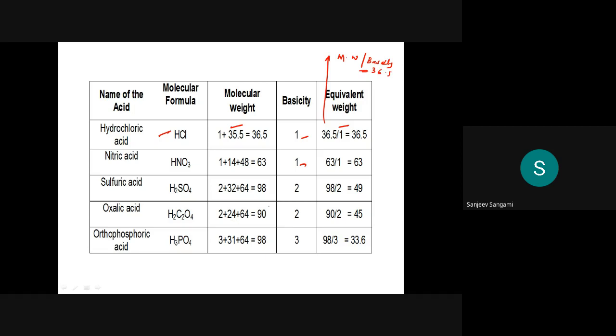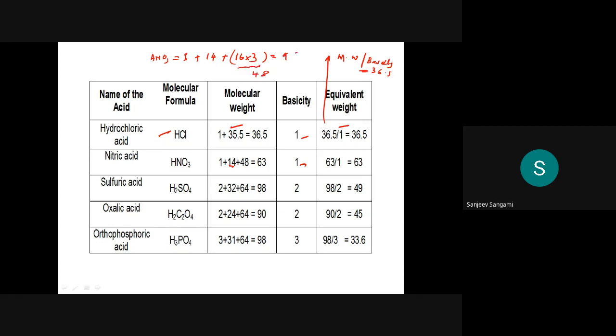Similarly, for nitric acid, H is 1, nitrogen is 14, then oxygen is 48. How do they calculate the molecular weight of HNO3? H is 1, nitrogen is 14, then oxygen is 16 into 3, which is 48.